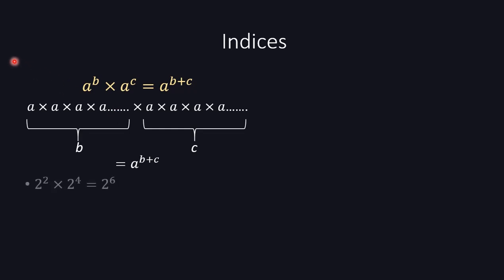Let's have a look at a few examples. 2 squared multiplied by 2 raised to the power 4 is going to be equal to 2 raised to the power 6 because 2 plus 4 is equal to 6. Similarly, 3 raised to the power 7 multiplied by 3 raised to the power 8 multiplied by 3 raised to the power 2 is going to be equal to 3 raised to the power 17 because 17 is equal to 7 plus 8 plus 2.